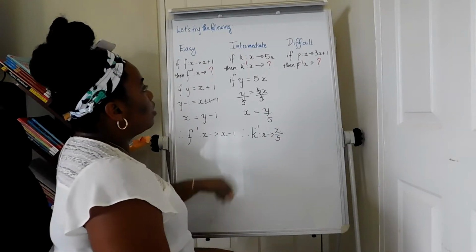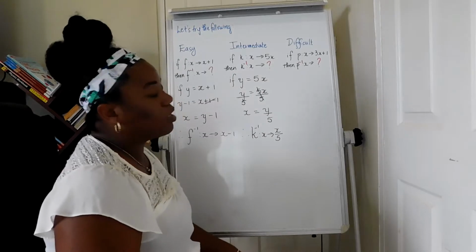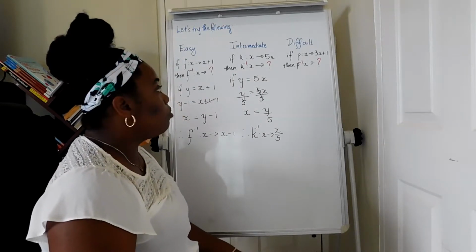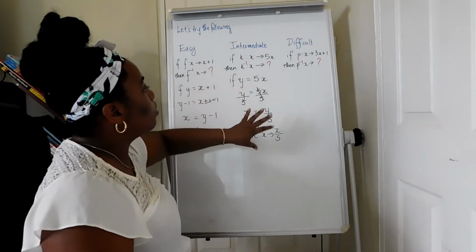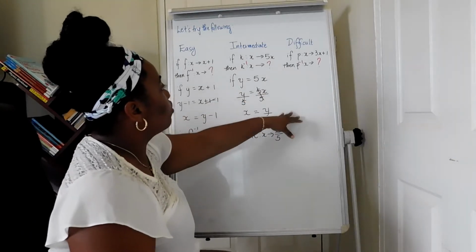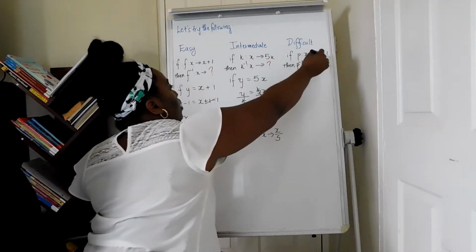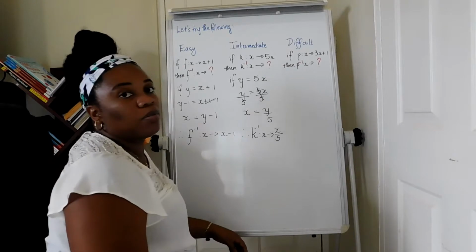And then let's try this one now. This one is a little more tedious than these two, which are a bit more straightforward. So this again is the operation here, 3x plus 1.